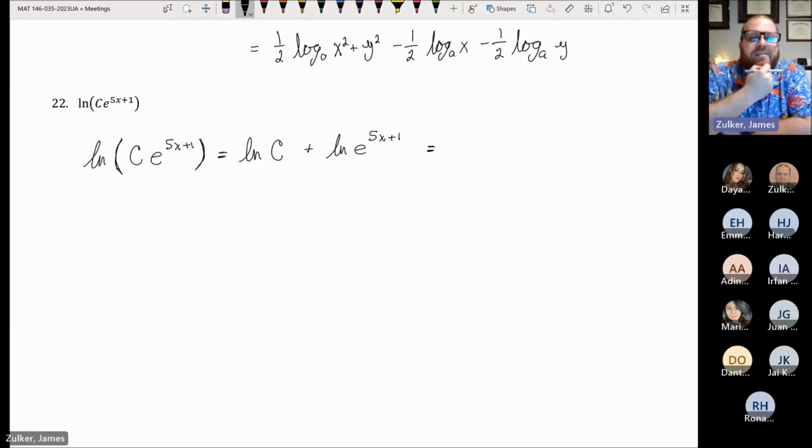What is the base of ln? And what is the base of what we're taking the log of?